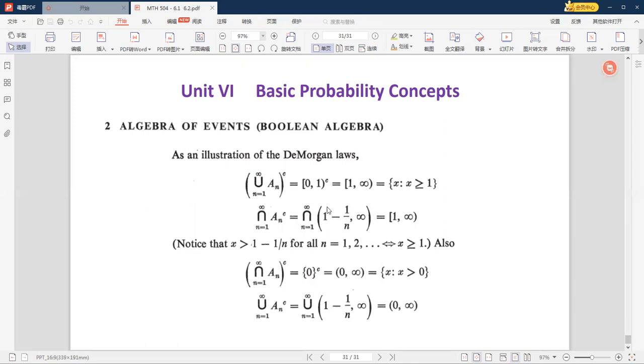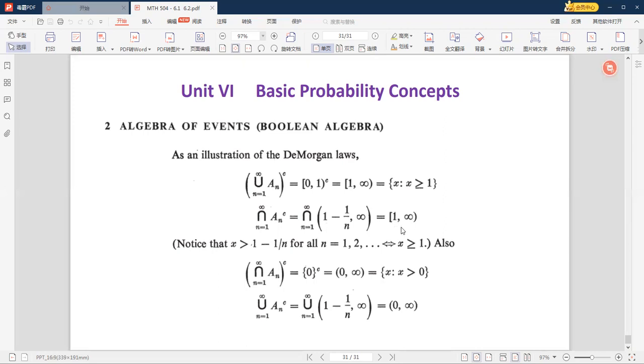Well, you can see each of those intervals will include 1 because it starts from a number less than 1. But when n approaches infinity, the limit of the left-hand side is just 1. So it approaches 1 from the left, but it includes 1. So the result will be 1 to infinity, including 1, because each of them includes that.